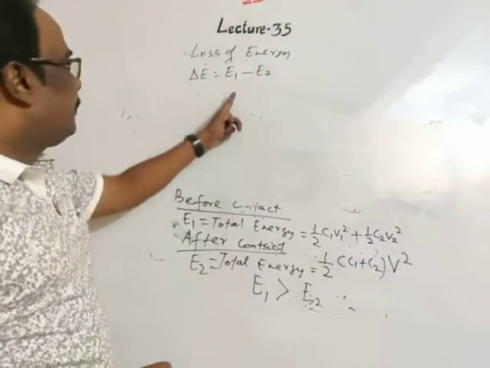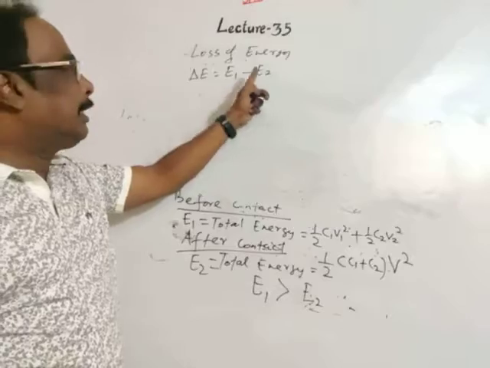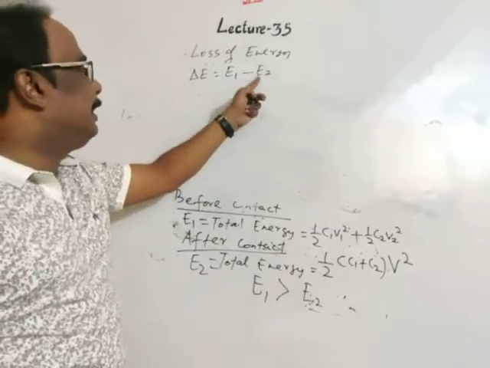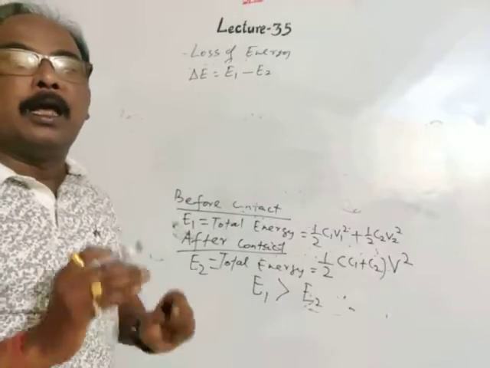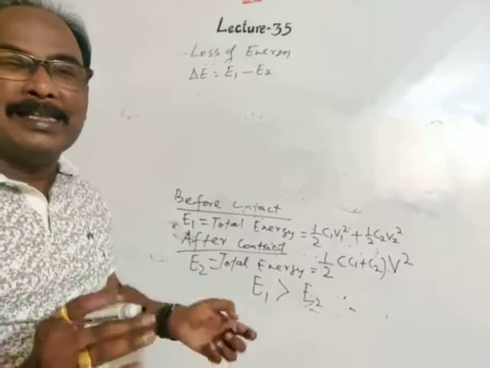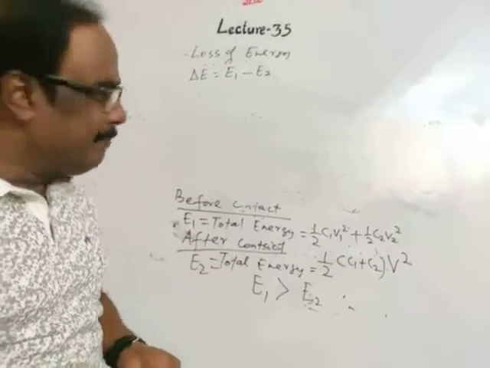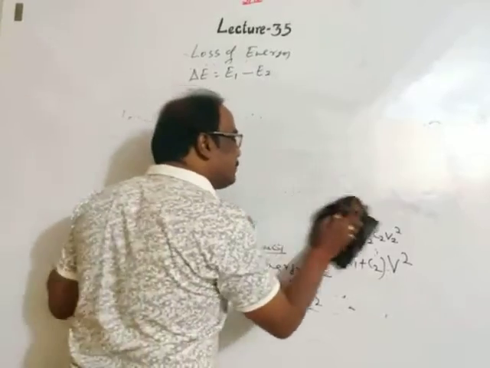Energy before contact minus energy after contact is equal to loss of energy. We have taken E1 minus E2 since E1 is greater than E2. Okay. So, just use the formula.